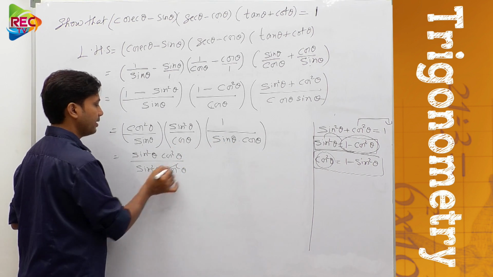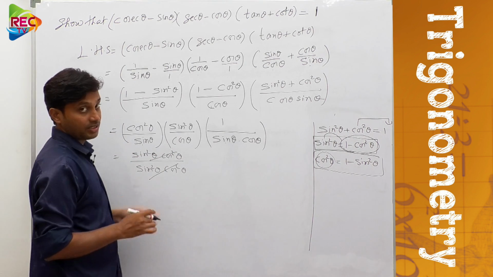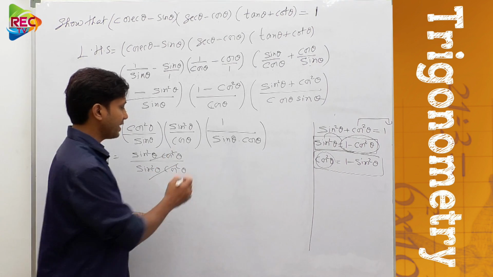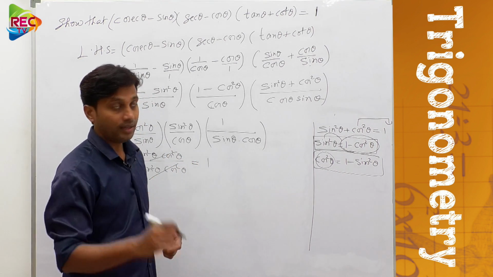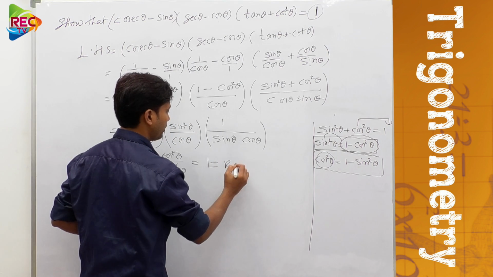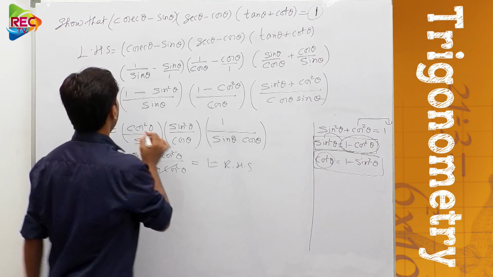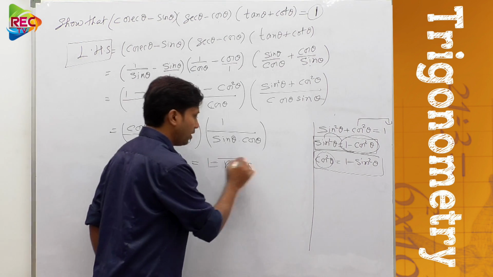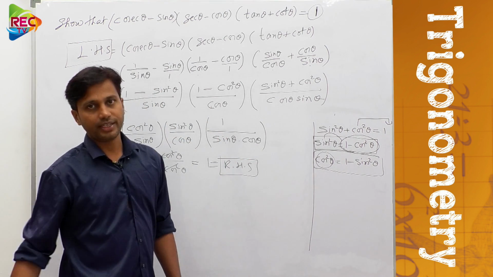So the numerator and denominator become the same and all cancel together. After cancellation we get 1, which is our required RHS. So successfully we took the LHS and got the RHS in this problem.